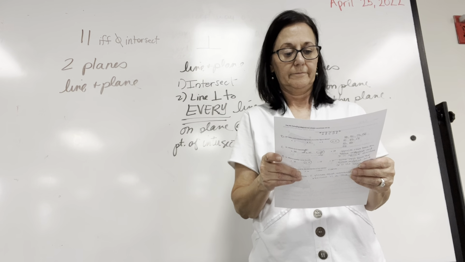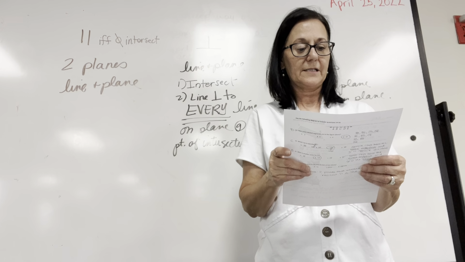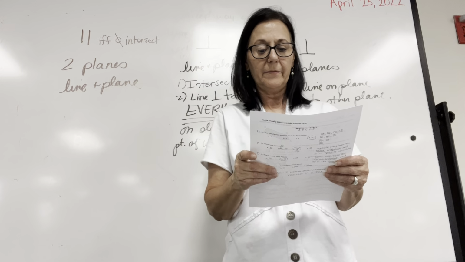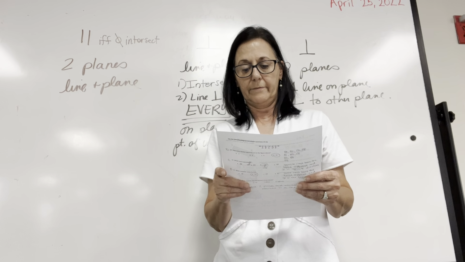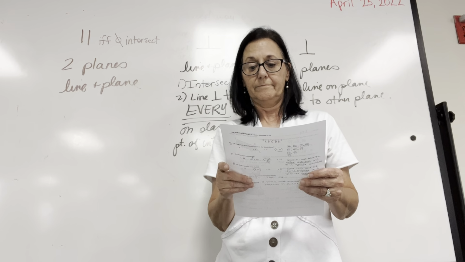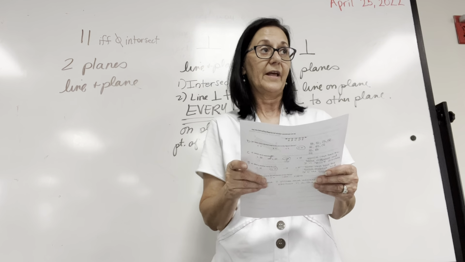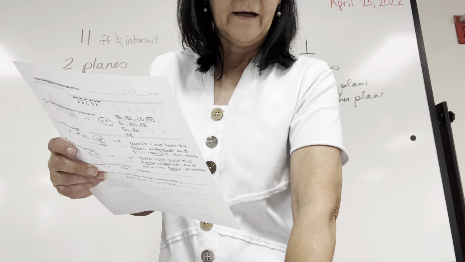Would you call those parallel? Do they exist on the same plane? I think so. Does GB exist on the plane that EJ is on? No. Okay. So they don't exist on the same plane, right? So that works.